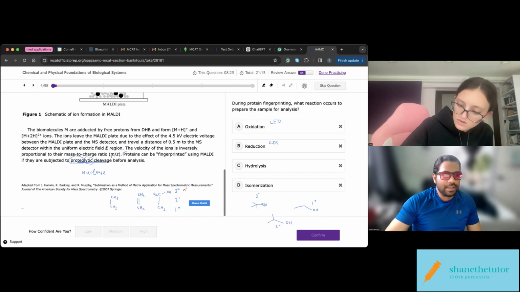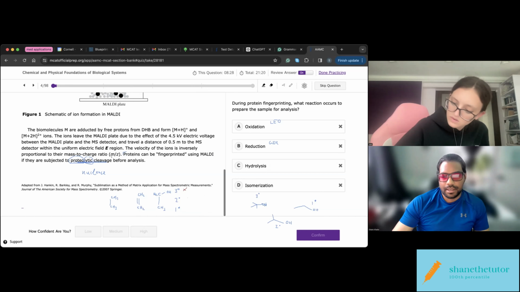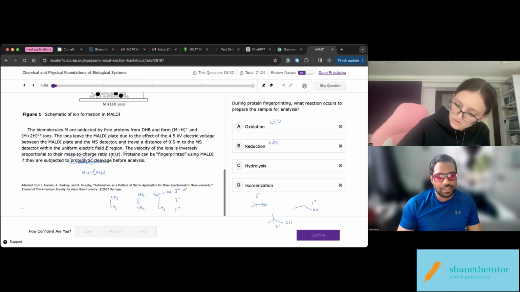If it's secondary, it could be oxidized further. We already took out hydrogens, we already added an oxygen, so now why don't we just add another bond to oxygen?